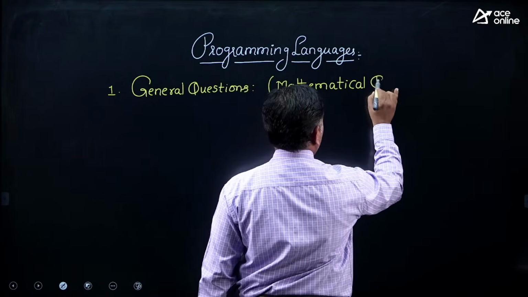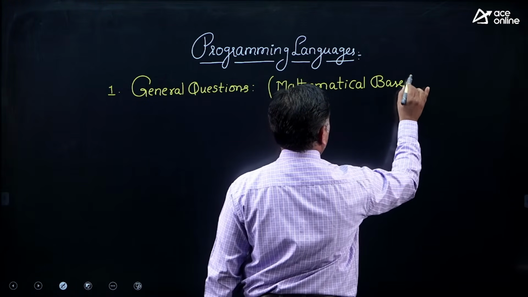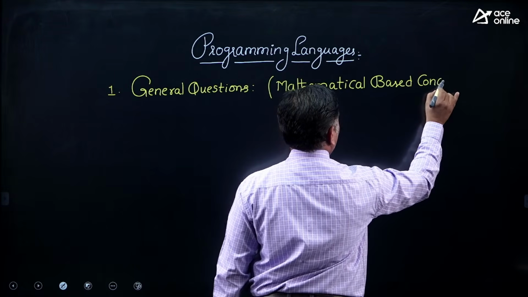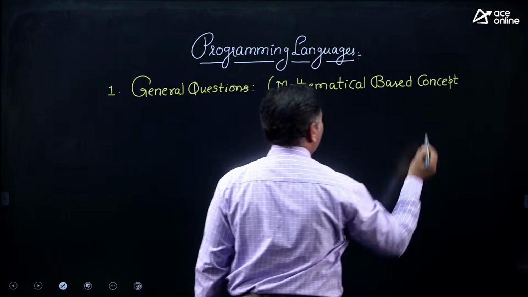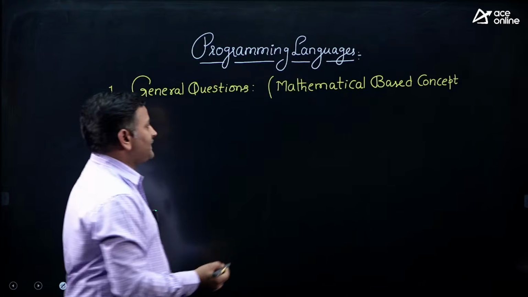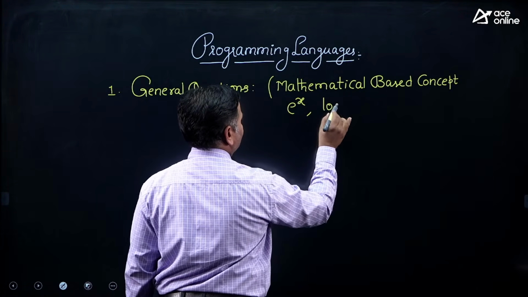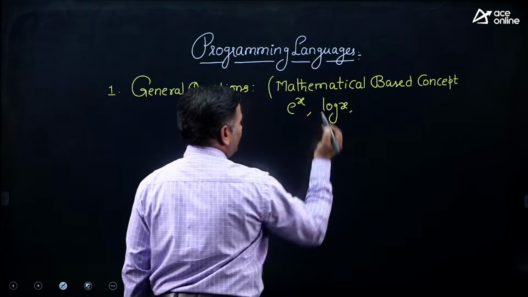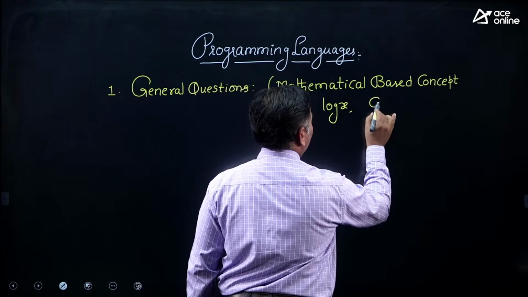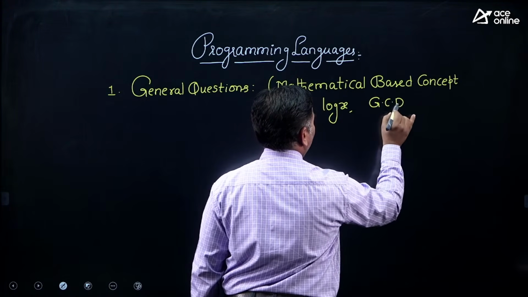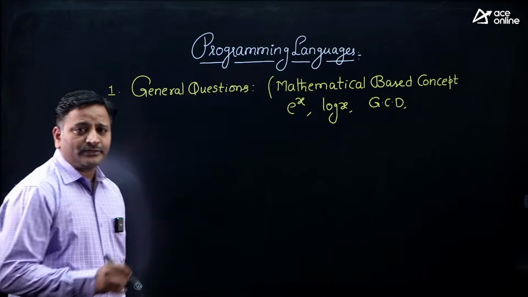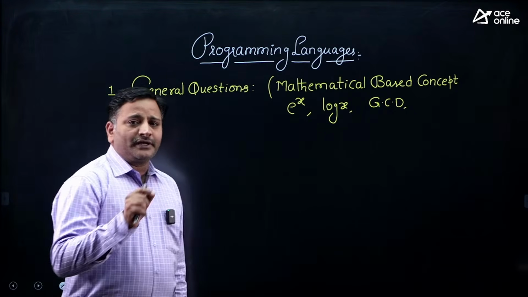For example, a student must have an idea about series, like the expansion of e power x and the expansion of log x. He must also understand how to compute the GCD of two numbers. One time they asked a question on the Euclidean division algorithm.